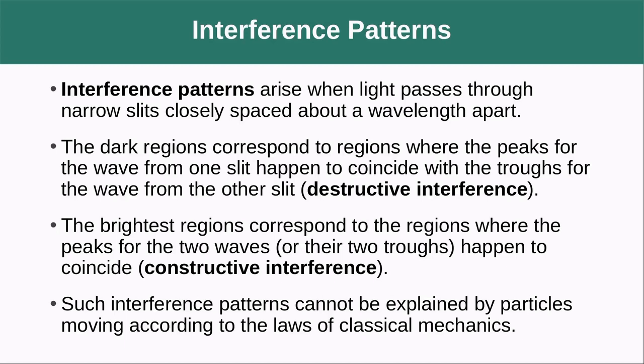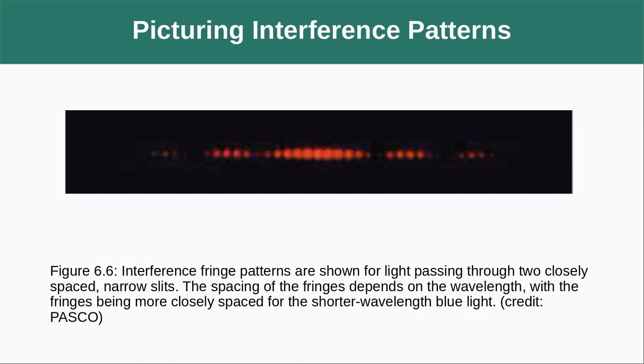Another option is that two troughs or two peaks come together and they add to each other. We get constructive interference and we actually wind up with a spot that's brighter than even the initial lights were. Again, these are only really explained by the wave properties of light. And here we can picture an interference pattern.